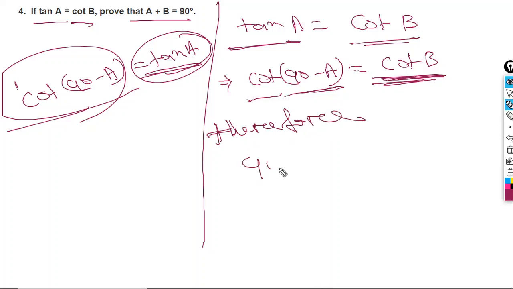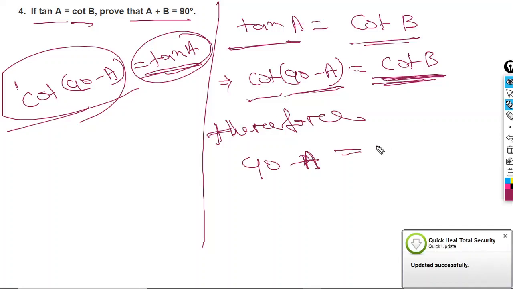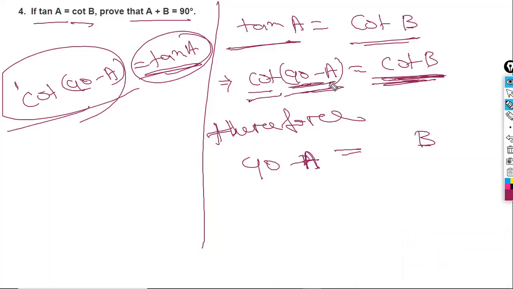Therefore 90 minus a, not 2a, is equal to, sorry, only b. As cot is there, the angles must be same. 90 minus a equals b.